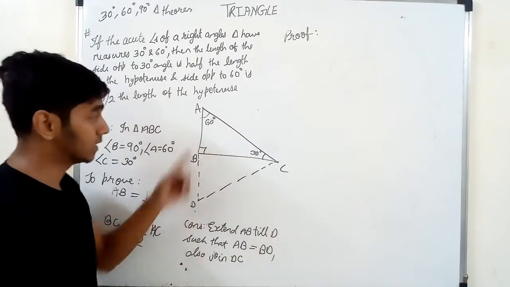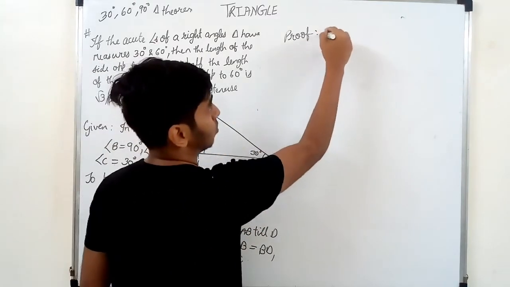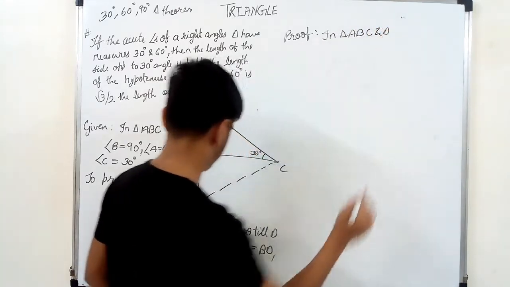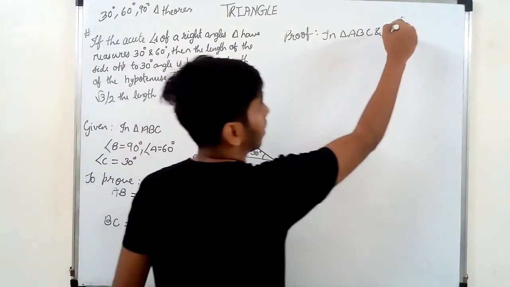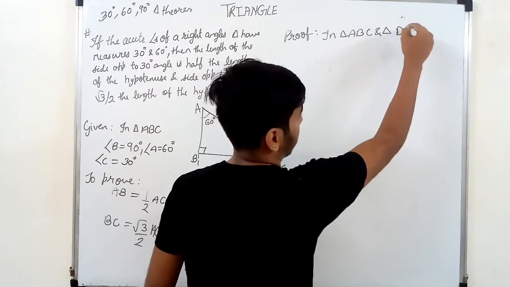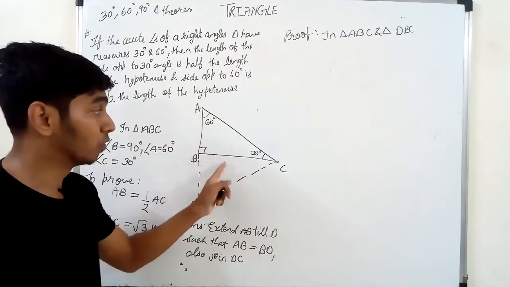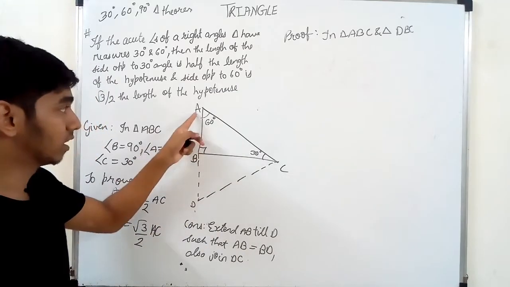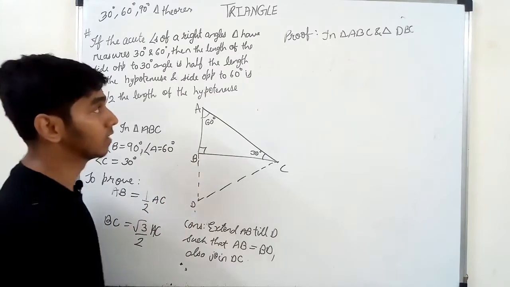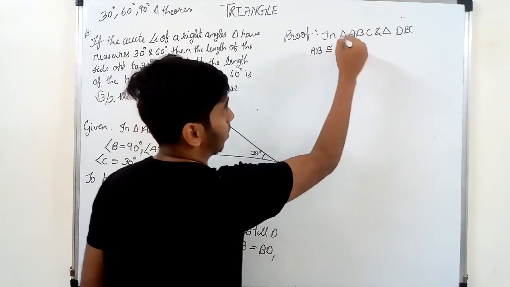So let's take two triangles, ABC and DBC. So in triangle ABC and triangle DBC, considering these two triangles, to prove that they are congruent, let's see how we do it. The construction says AB is congruent to BD, so let's take AB congruent to BD.